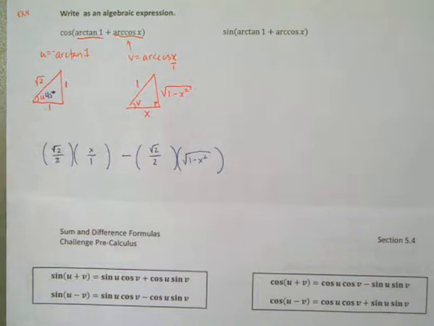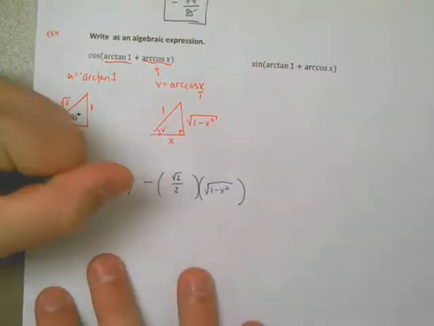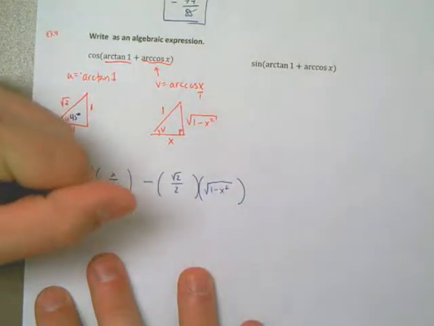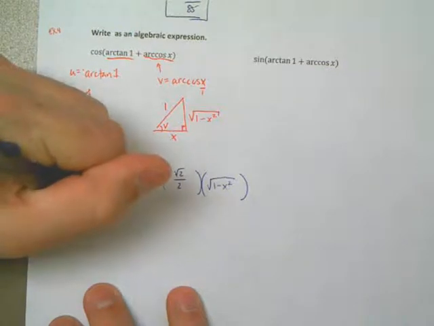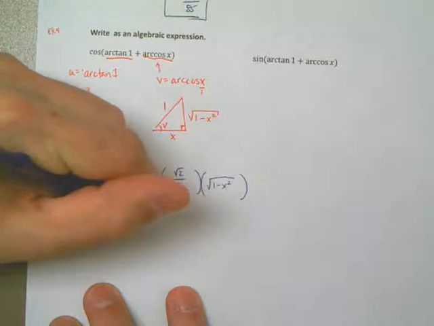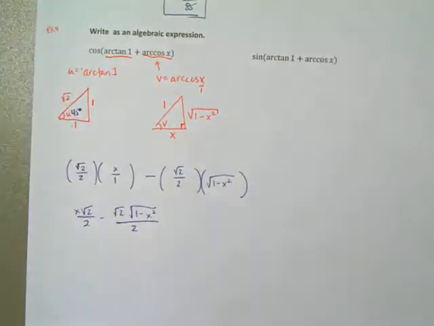But it turns out then that we have this expression. Now we just need to simplify. I've got the square root of 2 over 2 in both of them, so basically I have square root of 2 times x over 2, minus the square root of 2 times the square root of 1 minus x squared all over 2.